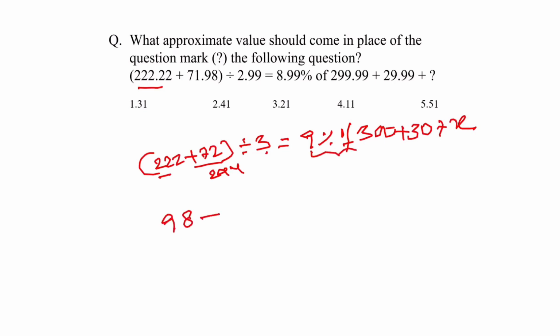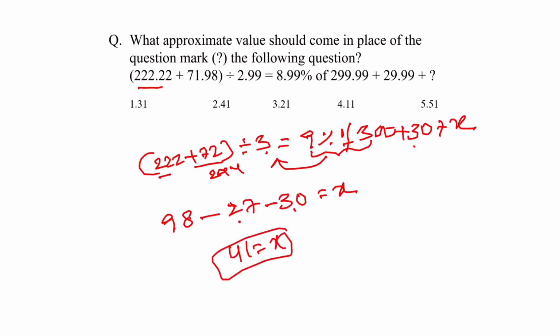Minus 9% of 300, 27 left side వస్తుంది. That minus 27 plus 30 left side వస్తే minus 30 is equal to plus x. 27 plus 30 is 57, 98 minus 57 is 41. Therefore x value is 41. Second option is the correct answer.